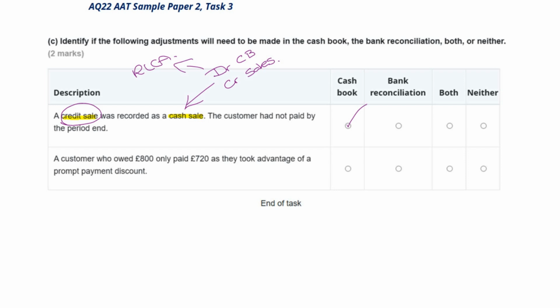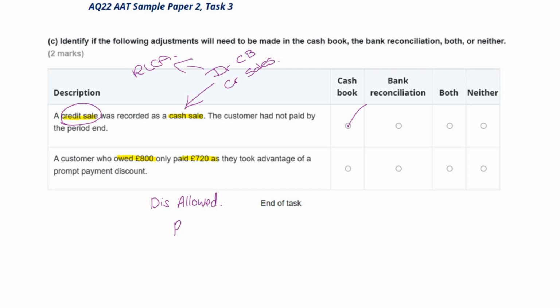The second one, a customer who owed £800 only paid £720 as they took advantage of a prompt payment discount. The prompt payment discount is going to be a discount allowed.